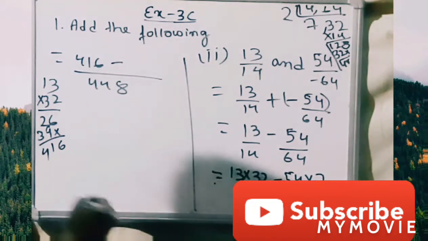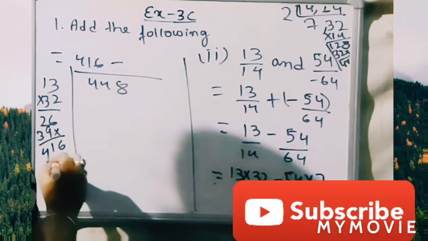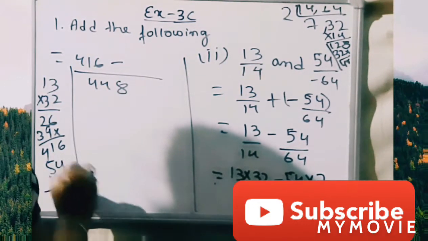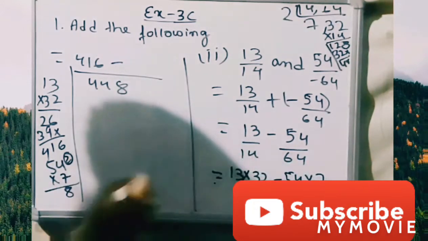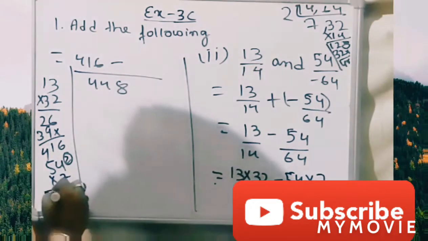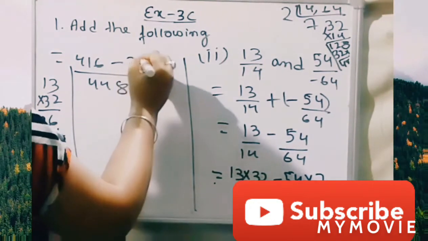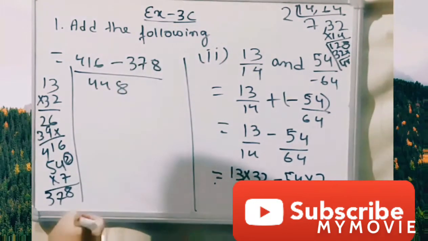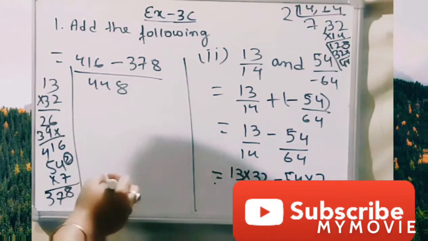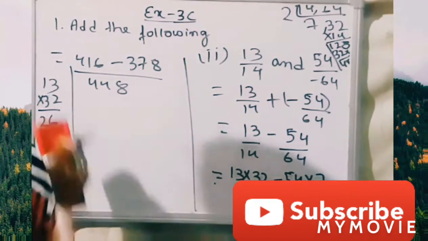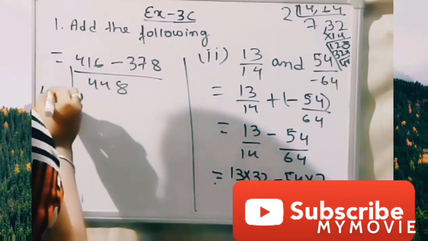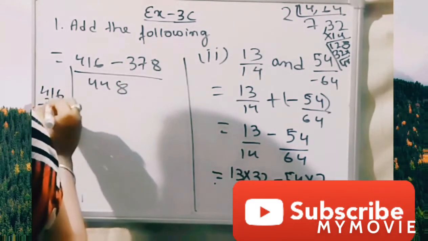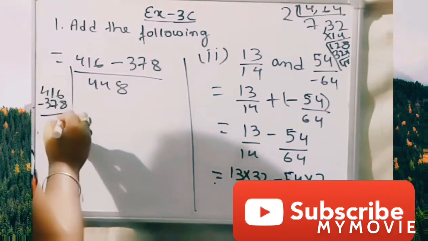So minus 54 into 7: you multiply 54 into 7, 7 4s are 28, carry 2, 7 5s are 35, plus 2 is 37, so 378. You subtract in rough: 416 minus 378. 16 minus 8 is 8.